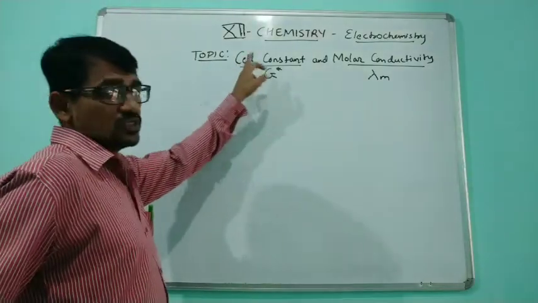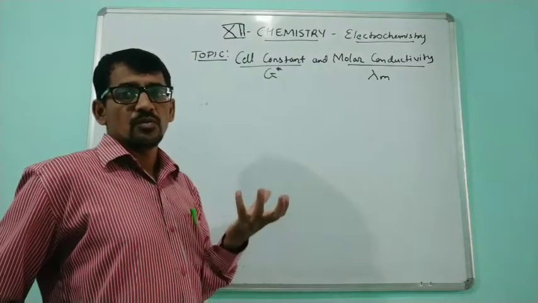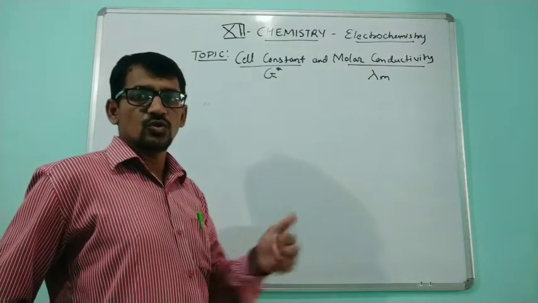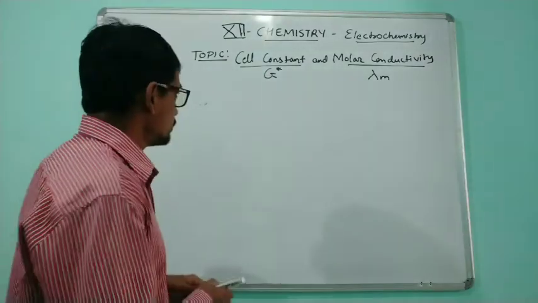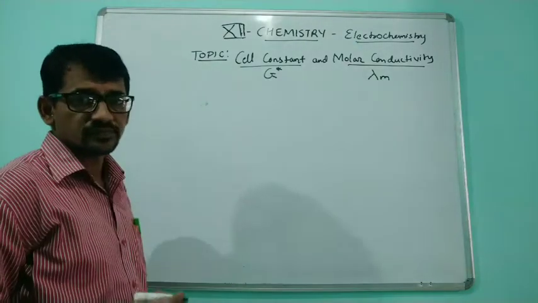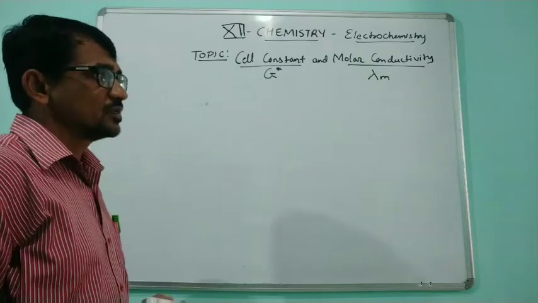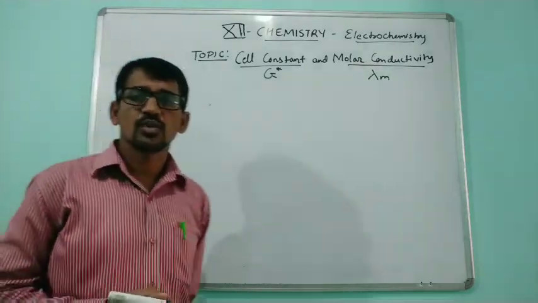First, before going to the cell constant, a particular cell is prepared by taking an electrolytic solution and electrodes. The resistance of this cell, or the conductance of the cell, is related to the length.